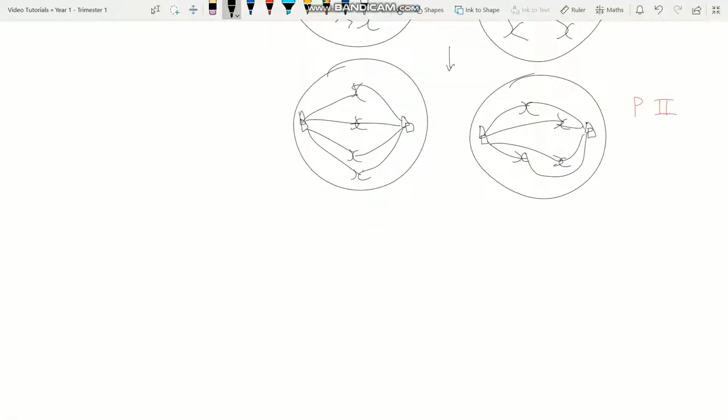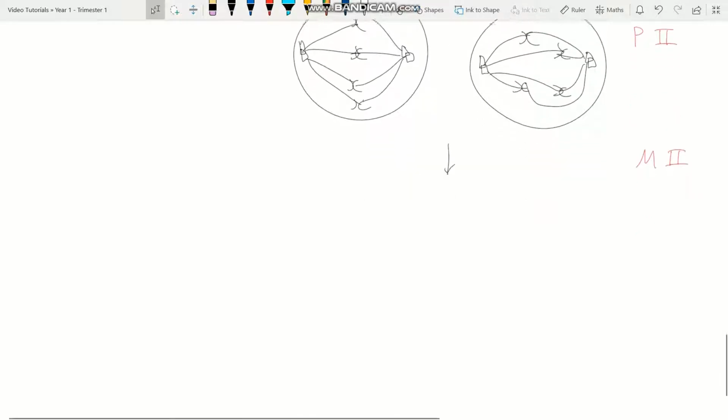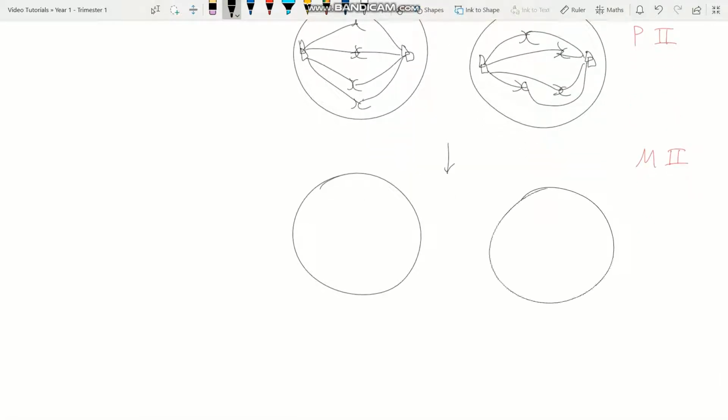Then in metaphase 2, which I'll abbreviate to M2, the chromosomes will all be arranged along the metaphase plate. I won't draw the microtubules and centrioles just for this stage because I've already drawn them.